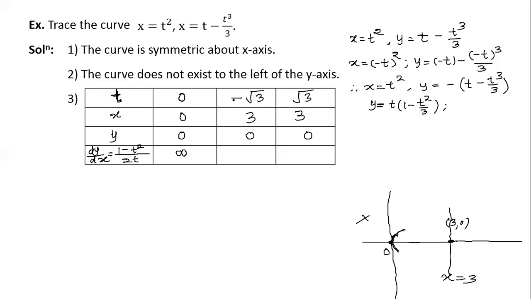So t equal to minus root 3, so dy by dx at that point will be equal to (1 minus t square) divided by 2t, so it will be 1 minus 3 divided by 2 into minus root 3. So this is minus 2 upon minus 2 root 3, and that is 1 upon root 3. So dy by dx is equal to 1 upon root 3.